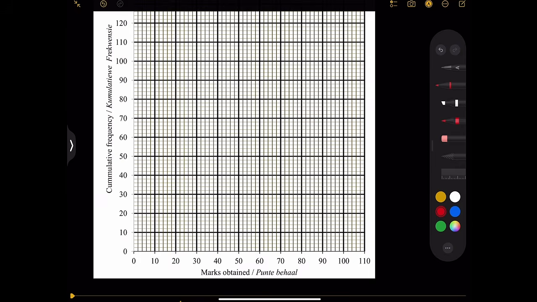So in this case, I'm going to try and draw that in as simplified a manner as possible. At 30, my value is 2 there. I can see that my divisions are in terms of 2. So at 30, I've got 2.